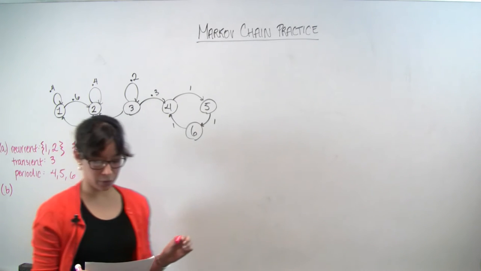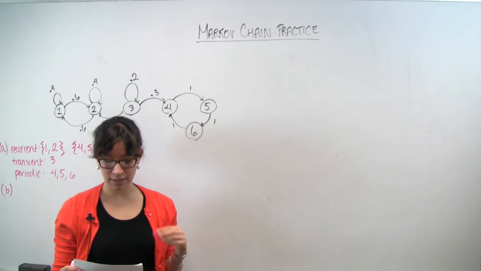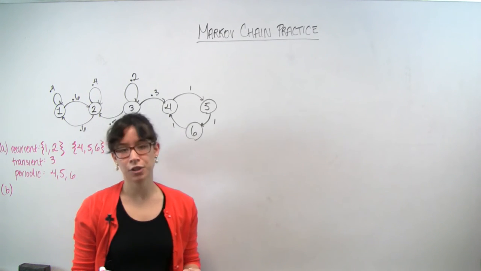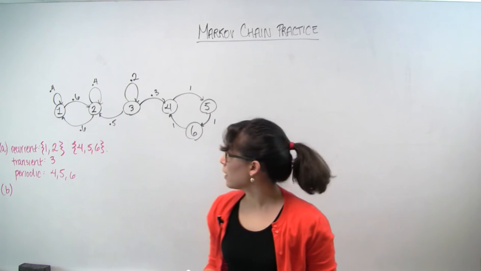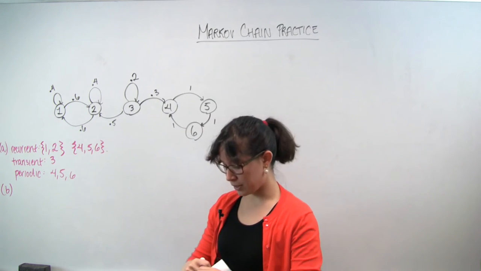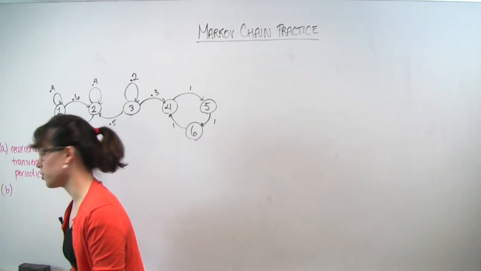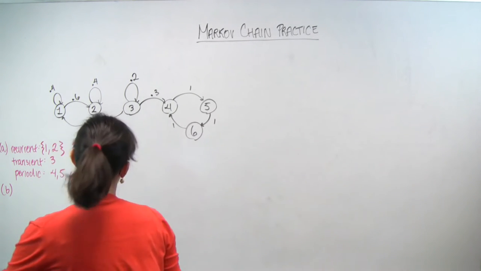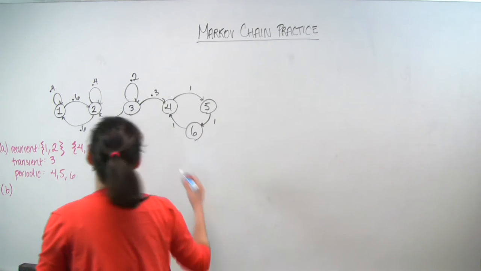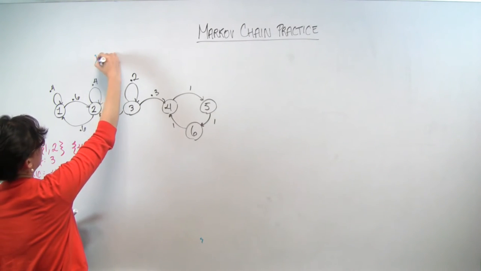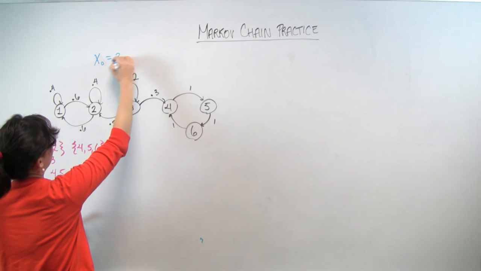Part B asks for the probability that the process is in state 3 after n trials. And one thing that I should emphasize, we'll do this in a different color, is that we're told that the process starts in state 3. So let's see if this color works. Okay, great. So the notation we use for that is x0 is equal to 3.